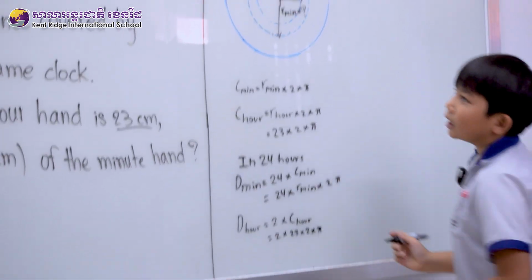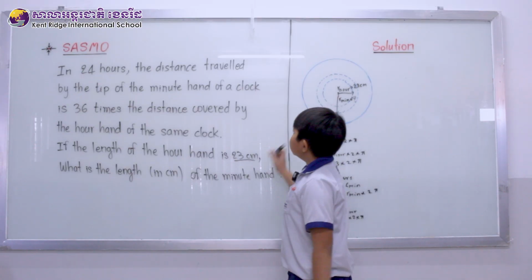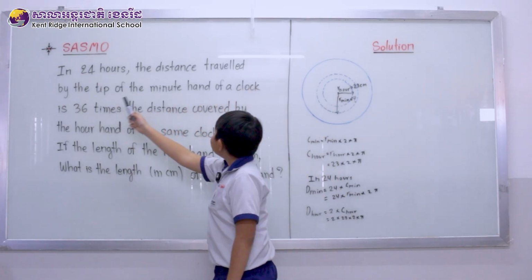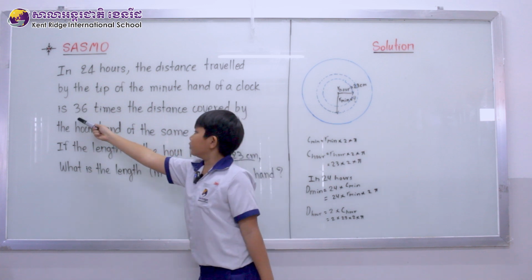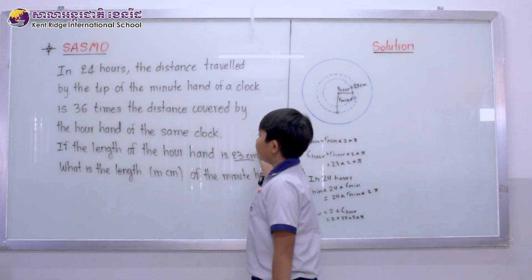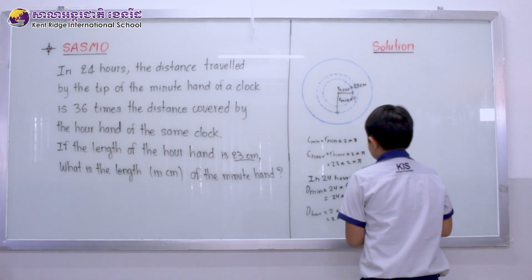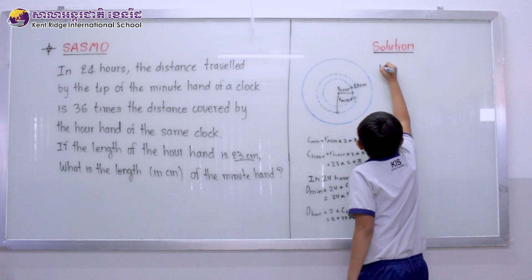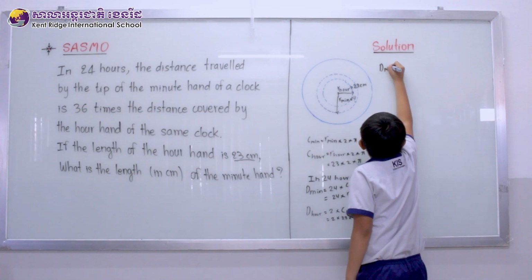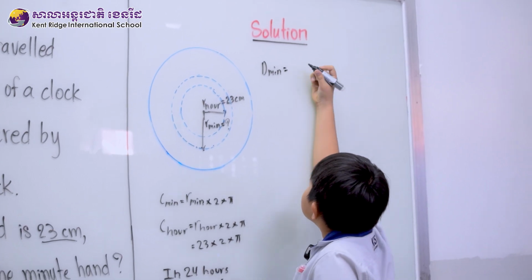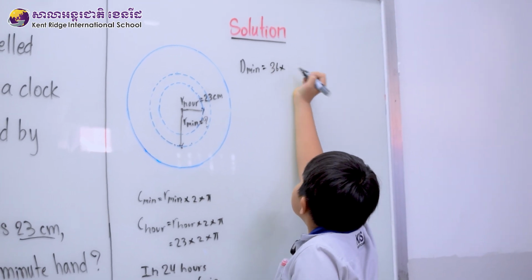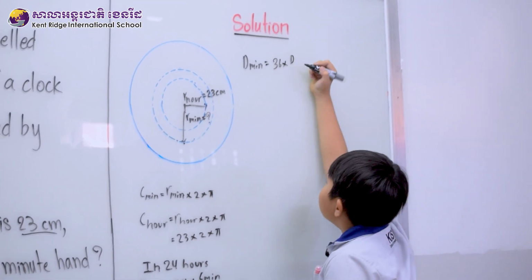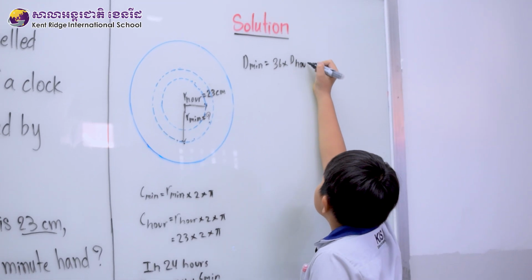Since they said that the distance traveled by the tip of the minute hand of a clock is 36 times the distance covered by the hour hand of the same clock, the distance of the minute hand is equal to 36 times the distance of the hour hand.